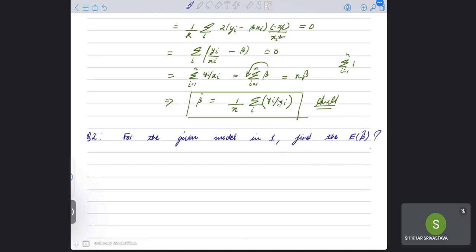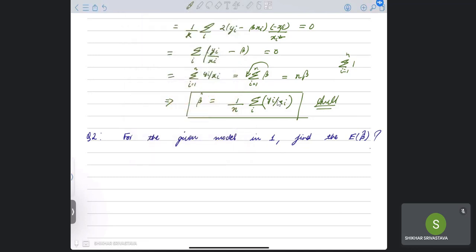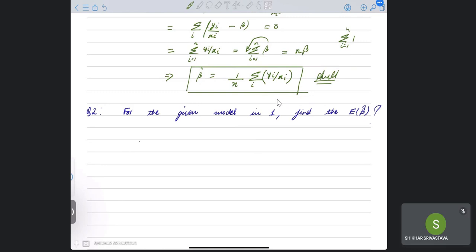This can also be solved. We know that the beta we just found is 1 by n times the summation of yi upon xi. So we'll take expectation on both sides.